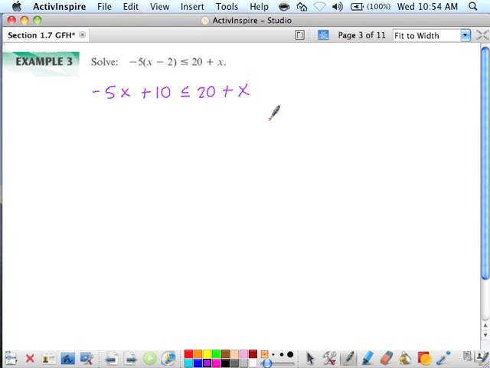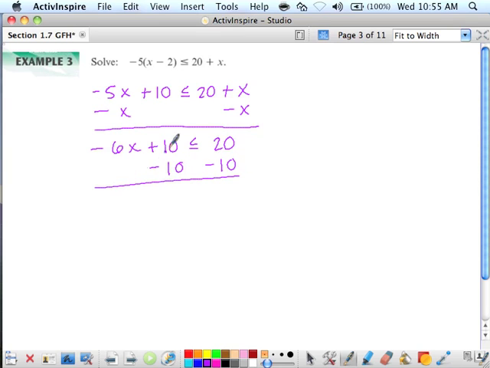I'll start by subtracting x from both sides. After moving the x's, I have -6x plus 10 is less than or equal to 20. Next, I subtract 10 from both sides, and that yields -6x is less than or equal to positive 10.